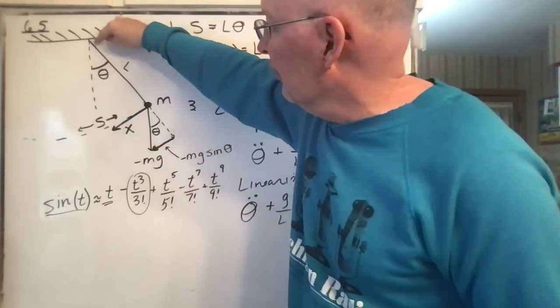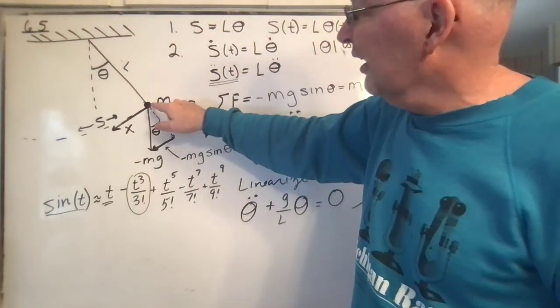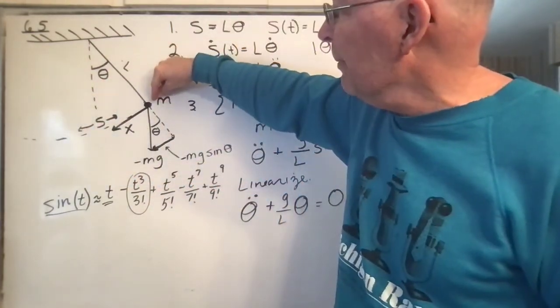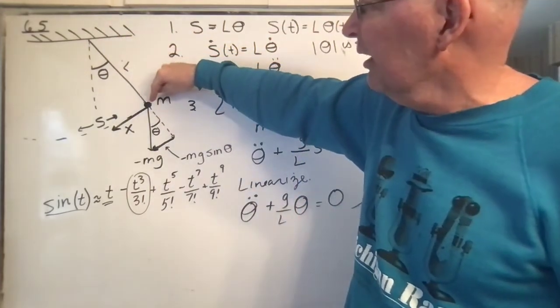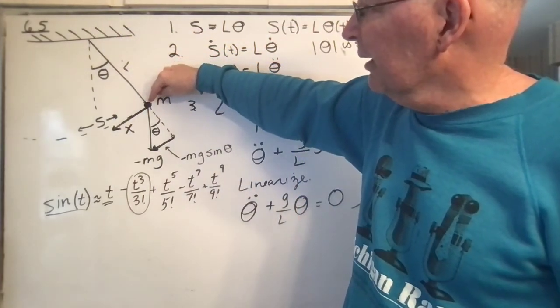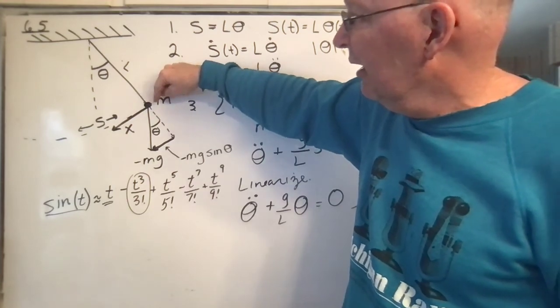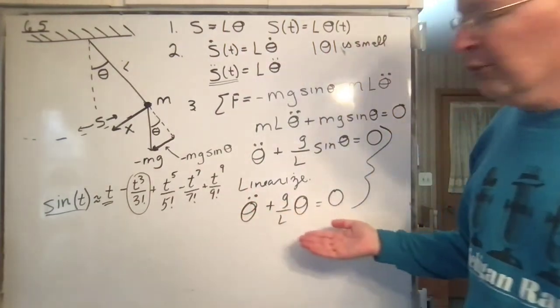We're assuming the string has no mass and that the pendulum swings without air friction, so you want a heavy mass and a light string. I take a piece of thread and tape it onto a golf ball or something kind of heavy, and then you take all the measurements and work through the problem.